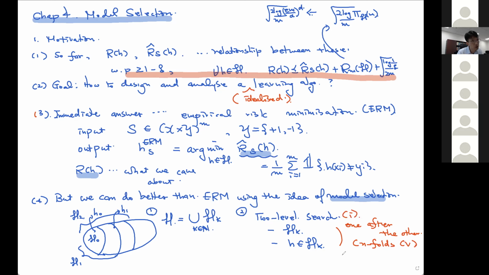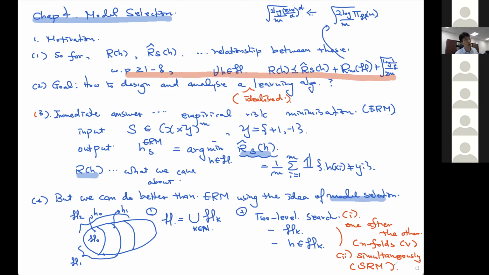And the other approach, which we will call structural risk minimization, will search for the hypothesis set and a good hypothesis at the same time. That is what we're going to study, called structural risk minimization.